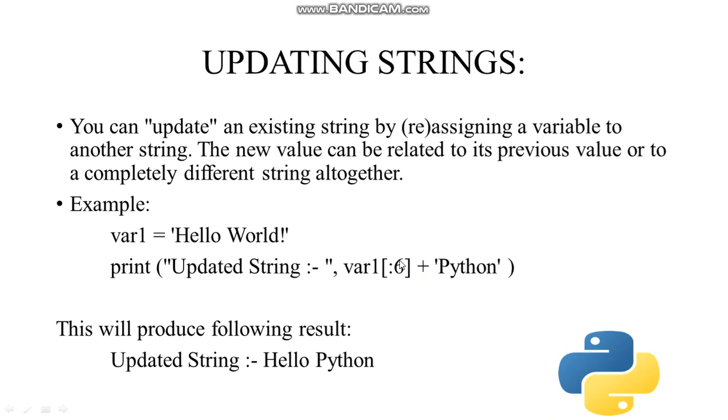That means it will start from 0 by default. It will go till the fifth character. That means it will give HELLO. And I'm using the concatenation operator with Python. So it will replace my world with Python. So my output will come as updated string hello Python. Instead of world, the word got replaced by Python.